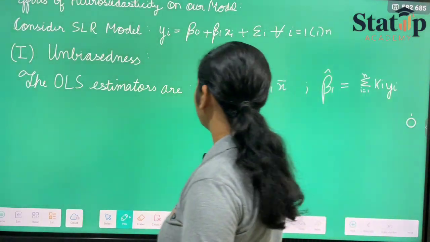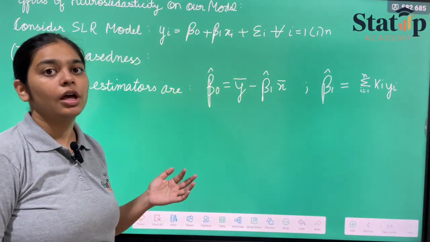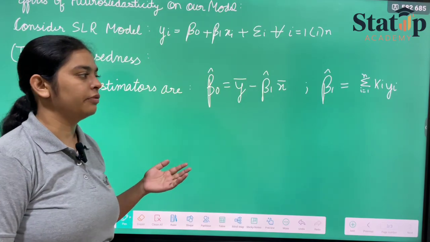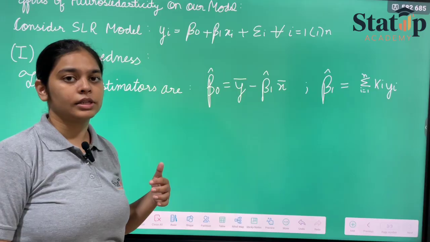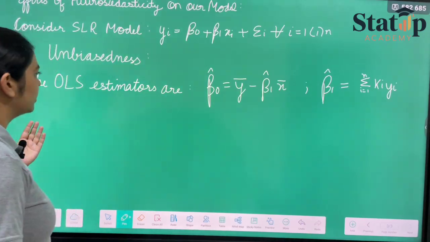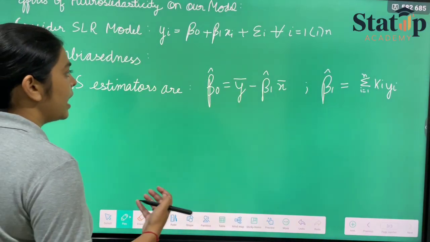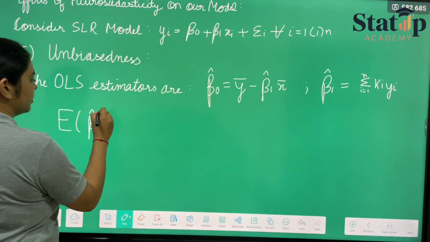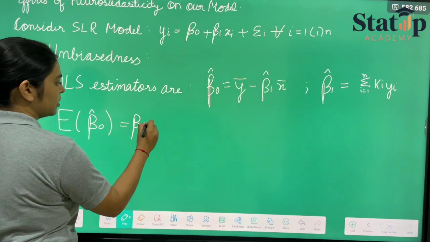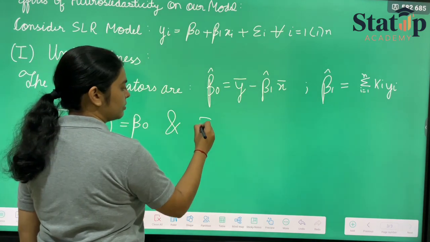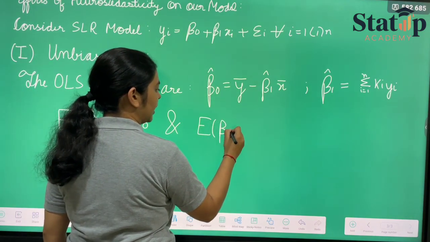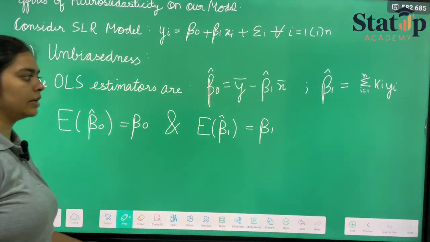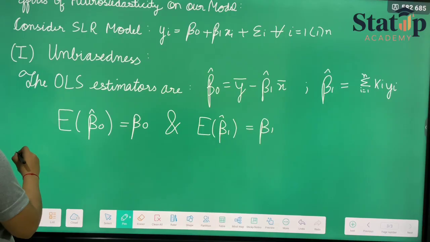So these two are the estimators that we have done in the previous lecture of SLR, simple linear regression model. If you don't know where it came from, then you can see the previous lecture. The expectation of beta naught cap is nothing but beta naught, and the expectation of beta 1 cap is nothing but beta 1.